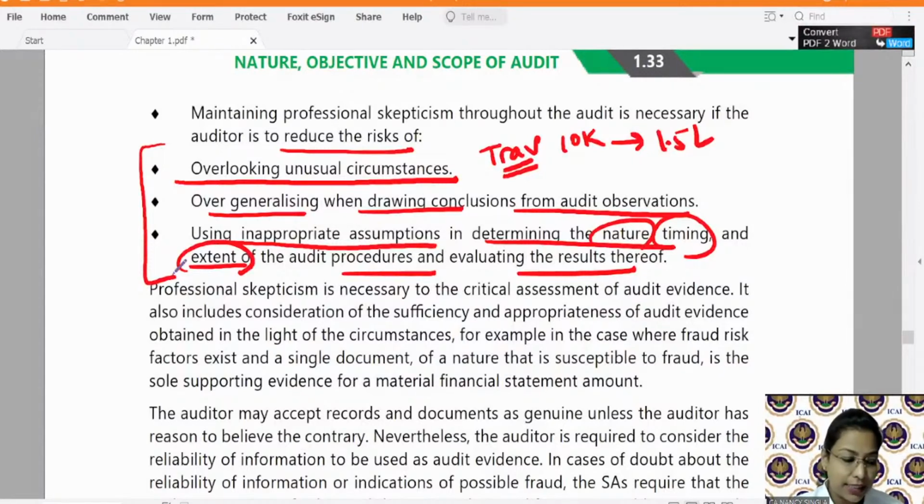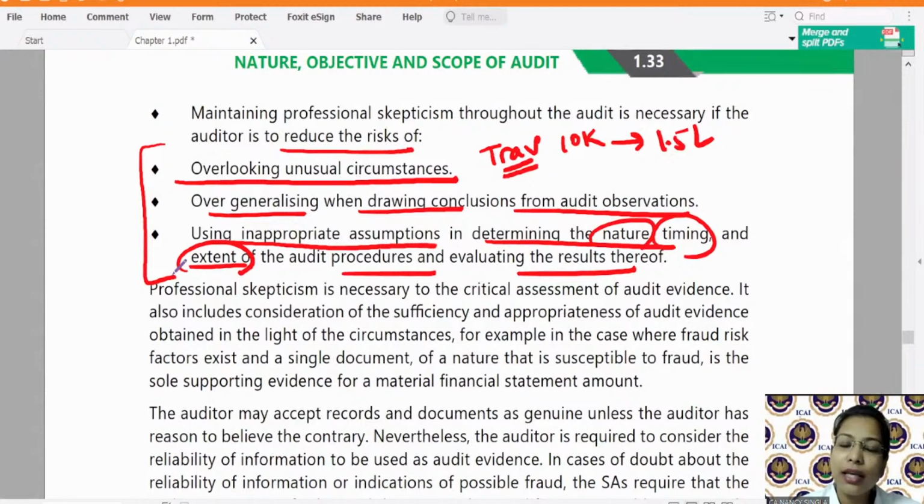So first of all, the auditor may accept the records as genuine. You can't directly say that the document is wrong and keep a question in your mind all the time. No. The auditor may accept the records and documents as genuine, unless there is something to the contrary, unless there is certain doubt. And if there is a doubt, perform further audit procedures and then apply professional skepticism.